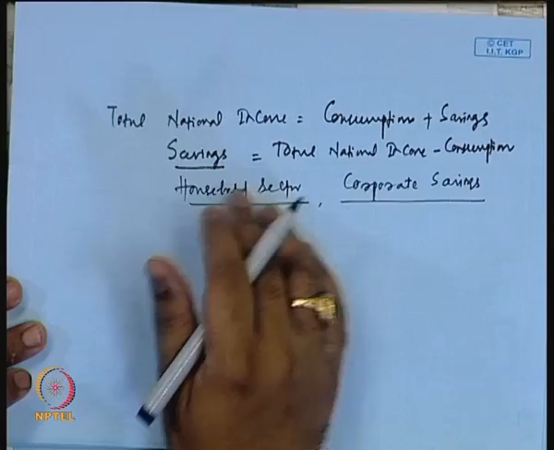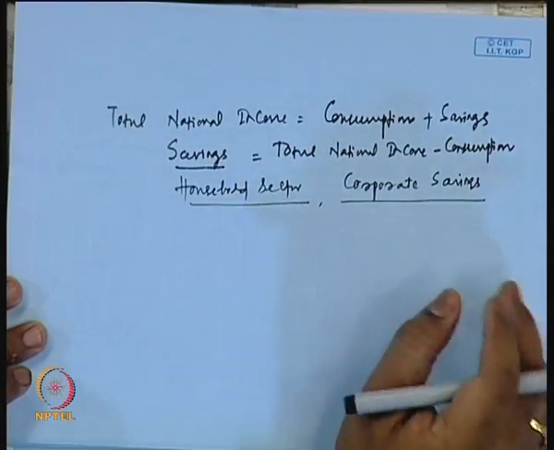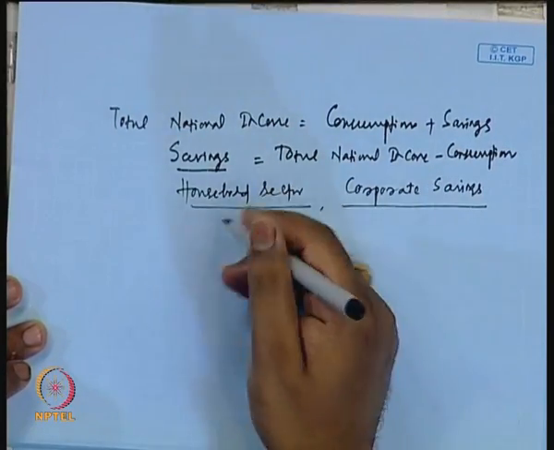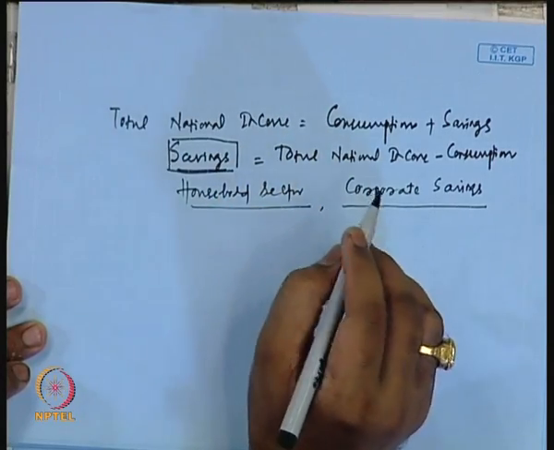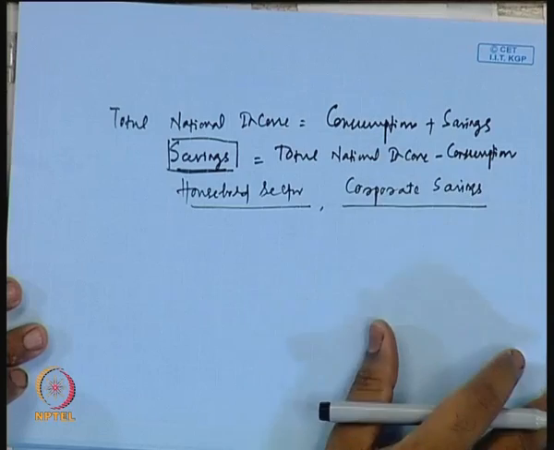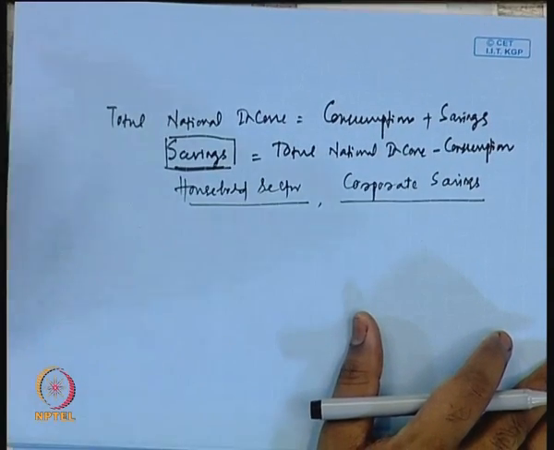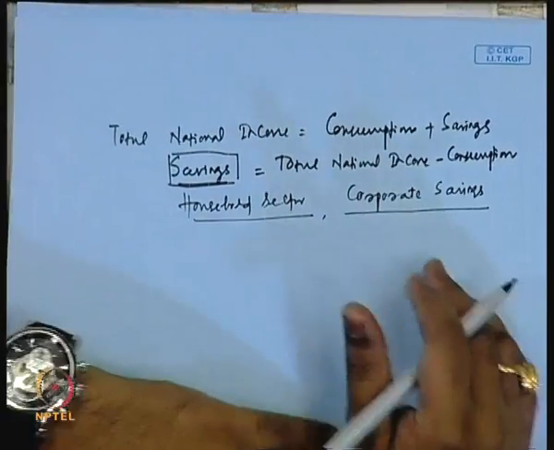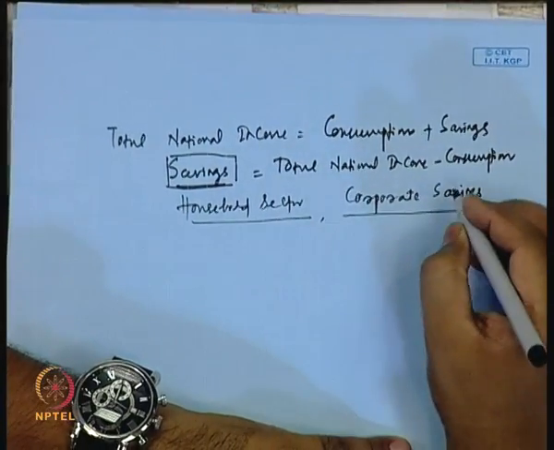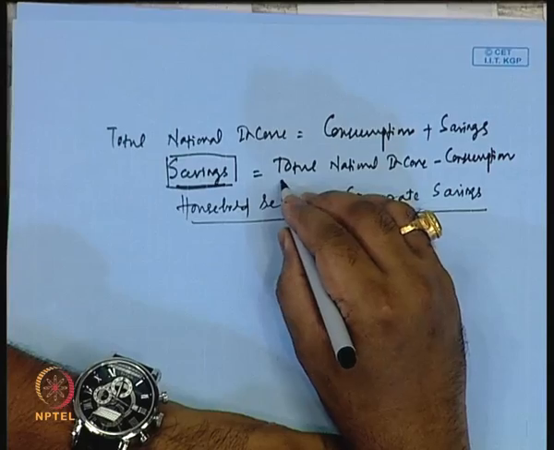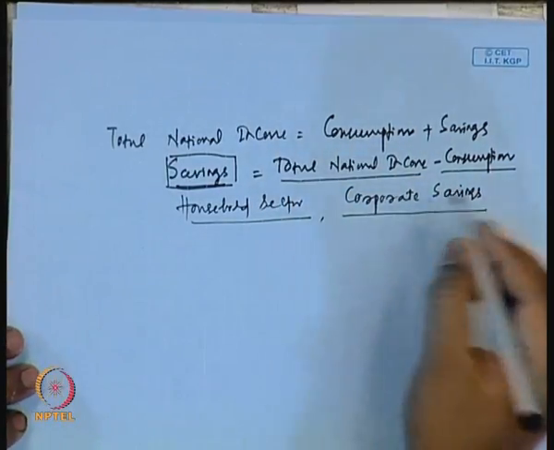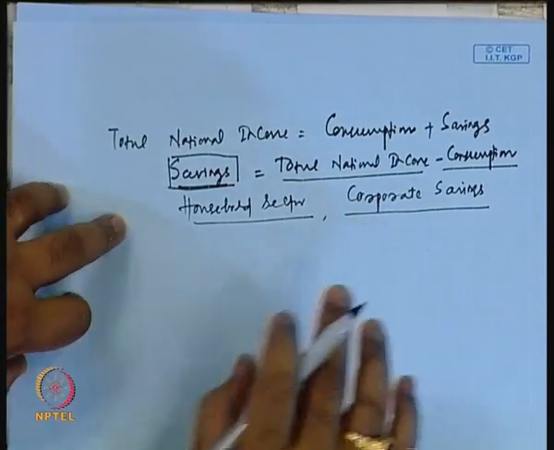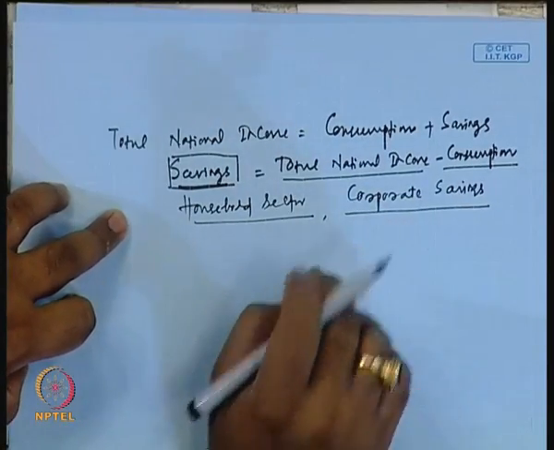There are various types of savings that we can talk about later, but here the total savings, which is the major supply factor we use to determine the interest rate according to the classical theory, comes from the total national income and the consumption. So, the total national income minus consumption gives the total savings.